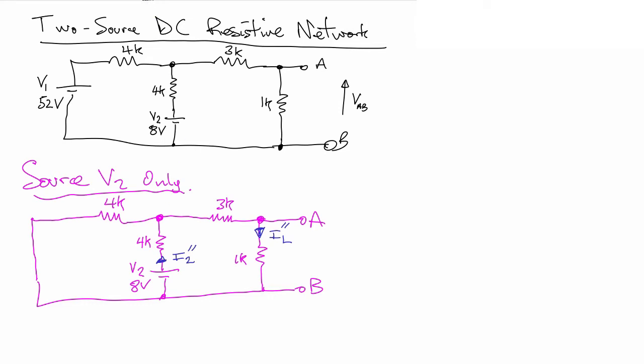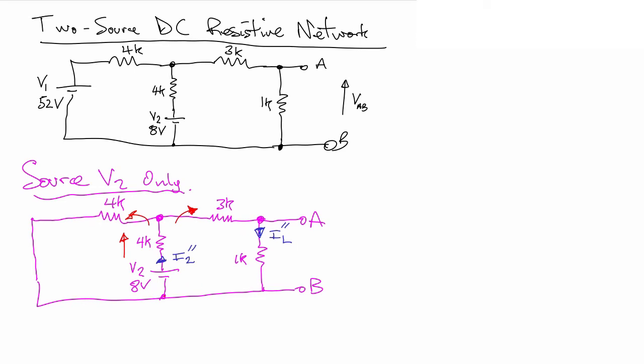If any electrons spin around this circuit, charges need to go through the 4K resistor, then they will split, that way and that way. If you go left, you get a 4K path back to the negative of the battery. If you go right, you get 3 plus 1, another 4K path going back to the bottom of the battery.